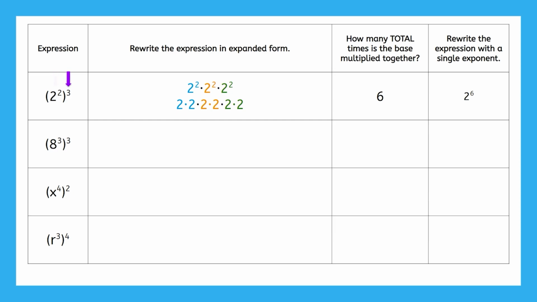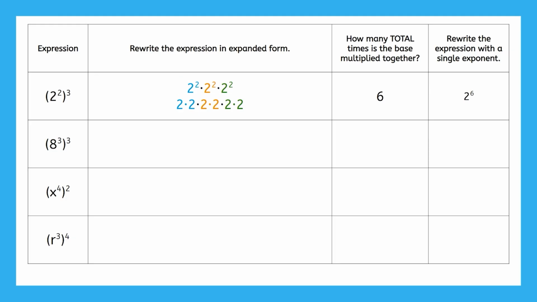But what about this small 3? If that's an exponent, what's its base? Well, if 3 is the exponent, that makes 2 squared its base. In the completed example, they expanded this outer exponent of 3 first, with its base 2 squared times itself 3 times.